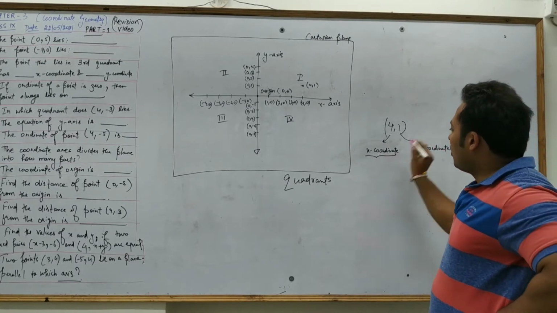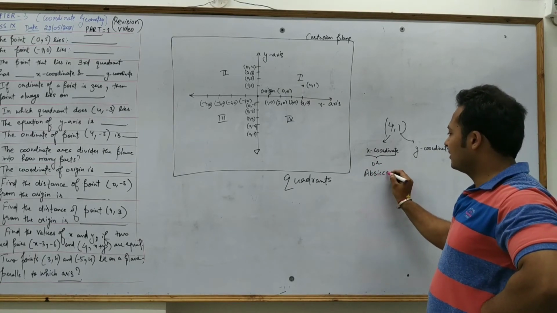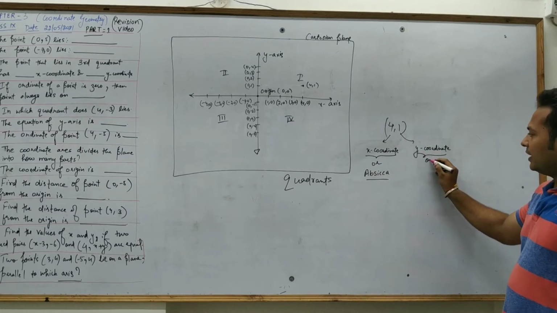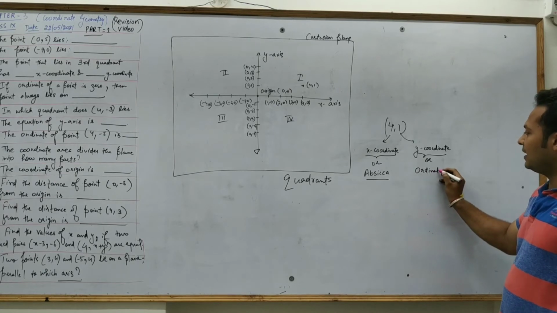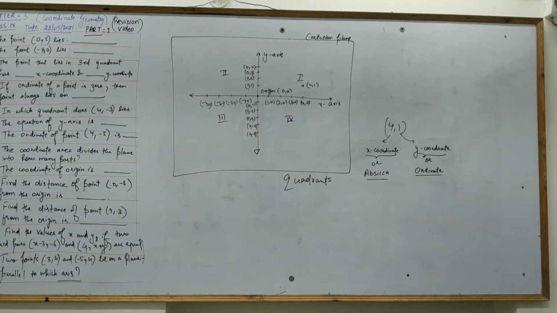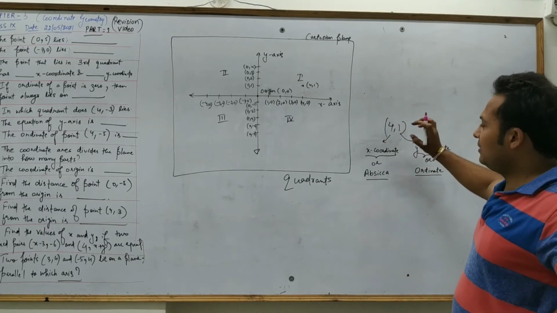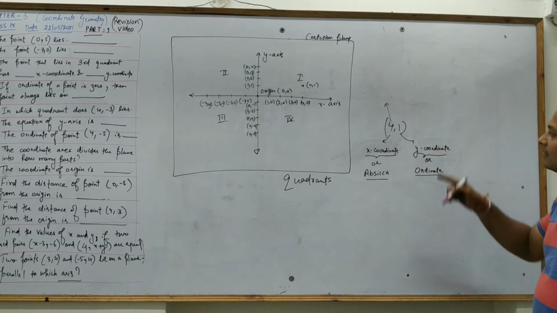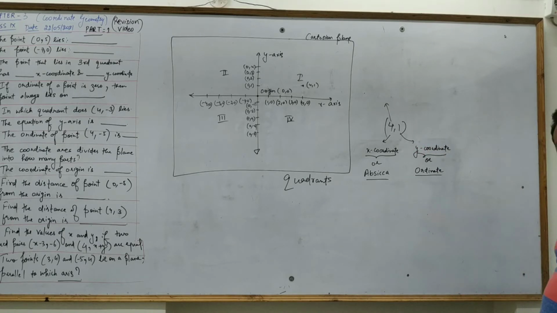This x coordinate is also called abscissa, and this y coordinate is also called ordinate. Now the point which has abscissa 4 means that the perpendicular distance of this point from the y-axis is 4.